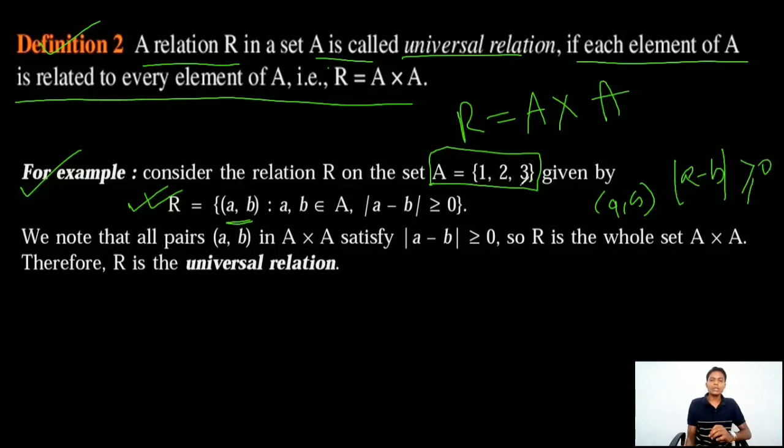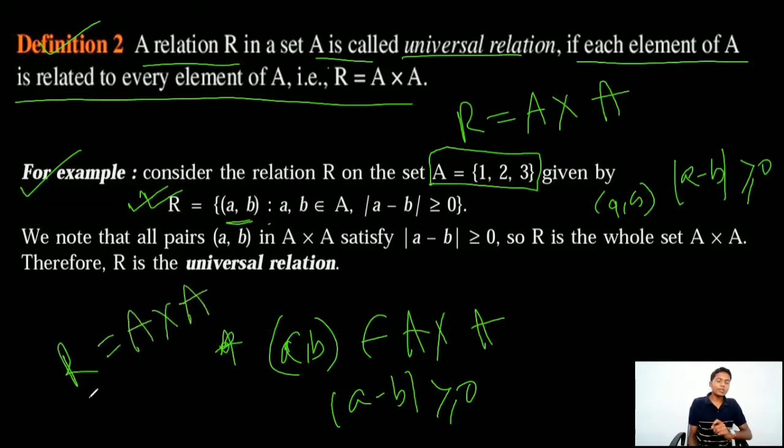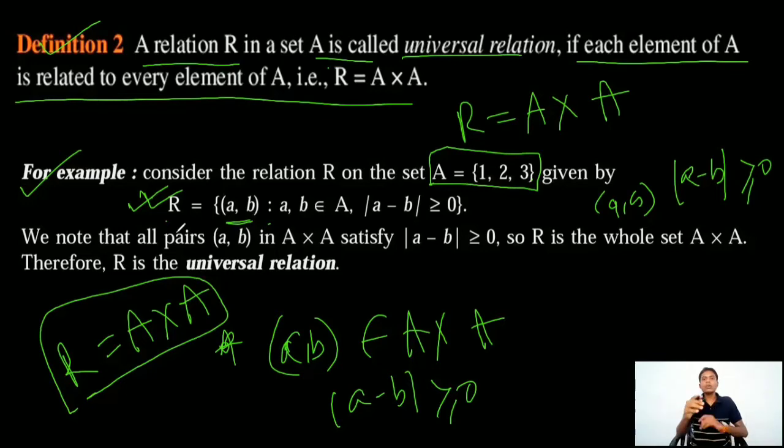Now you can easily verify every ordered pair (a, b) belonging to A cross A will satisfy this condition, mod of a minus b greater than or equal to 0, right? So this set R is equal to A cross A. That means all elements of A cross A will be inside the set R. So this kind of relation is called a universal relation.